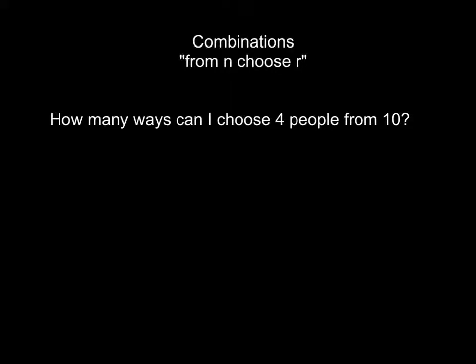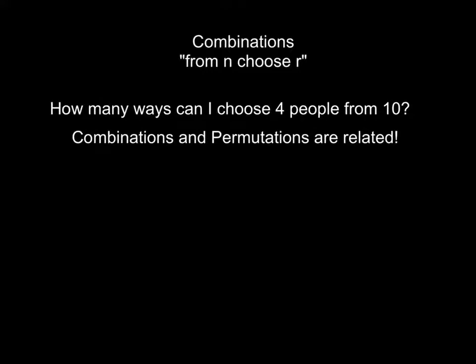So we're going to do the thing in mathematics where we have a new type of problem that we don't know how to solve. We're going to try to relate it to a problem we have solved. And I'm going to give a little bit away by saying that this will work because combinations and permutations are related. Our last permutation problem was from 10 people we wanted to arrange 4 people in a line, and we did this by doing 4 stages.